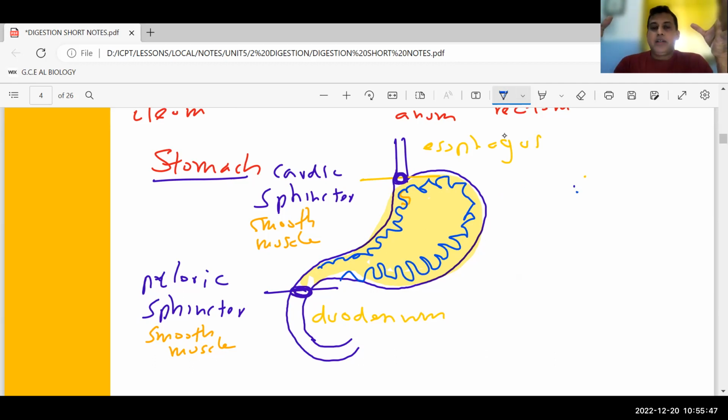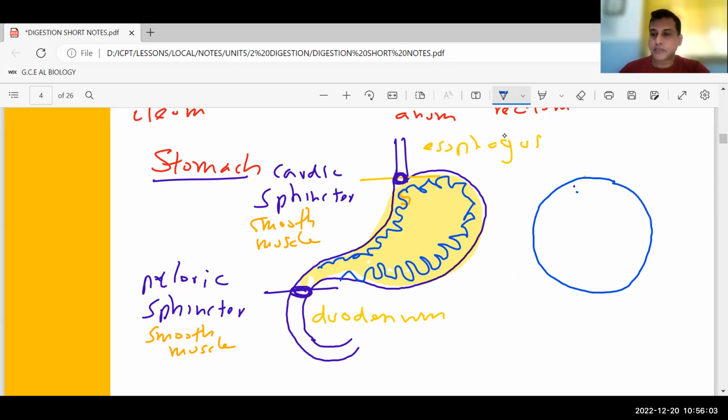But generally, the tube structure from esophagus to the rectum is more or less the same because they have a very strong outer wall, and then mostly the inside is the cells, connective tissues and muscles.